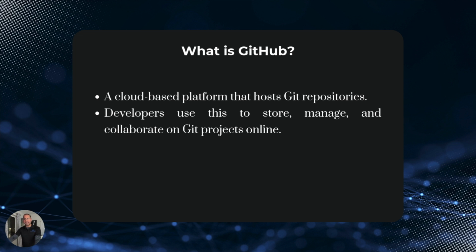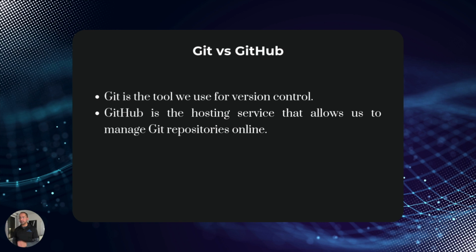Okay, so that's what Git is. So, what is GitHub? GitHub is a cloud based platform that hosts Git repositories. So, developers use this to store, manage, and collaborate on Git projects online. So, it's important to know the difference between Git versus what is GitHub.